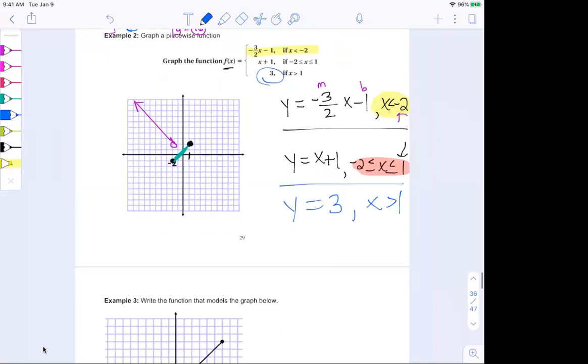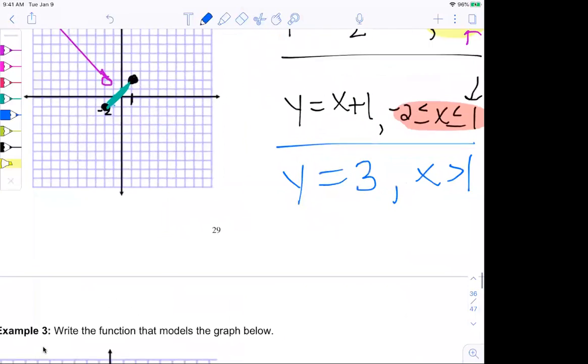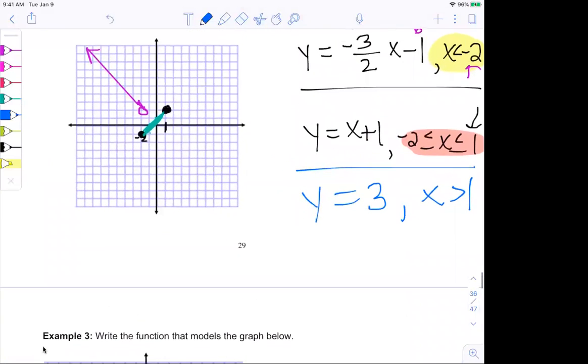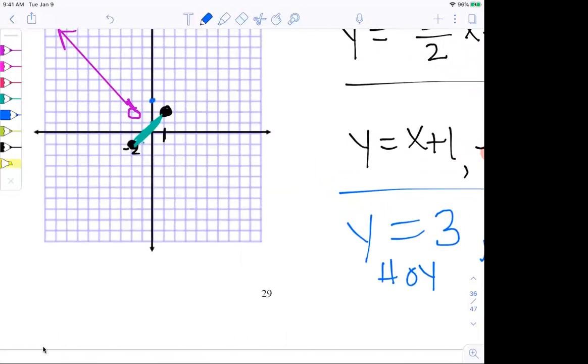When you have a line and it's just y equals 3, what kind of line would it make? Horizontal. Nice job. This is a horizontal line. So I'm going to go up to 3 on the y-axis, put a point, and at that point, I'm making a horizontal line.